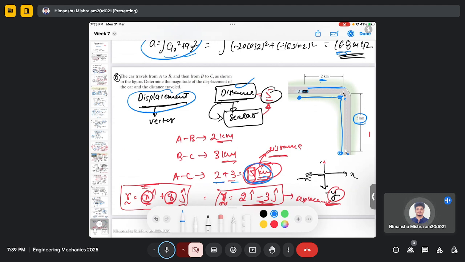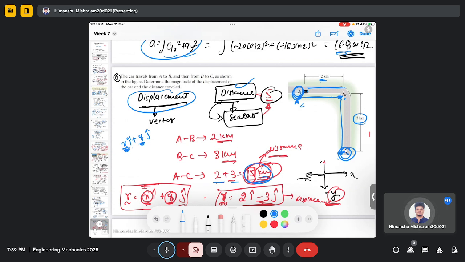But for the displacement, you cannot do this. To calculate the displacement, it depends on the initial position and the final position. You can see the initial position is A and the final position is C. So the displacement is a vector quantity which has the form of magnitude of x in the horizontal direction and magnitude of y in the vertical direction. So at point C you have to see what is the magnitude of x and y.